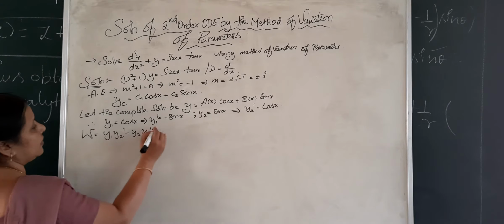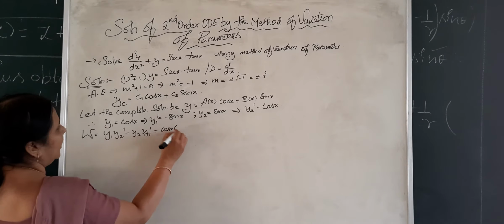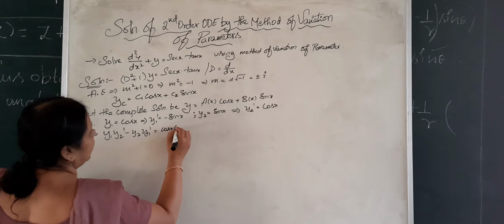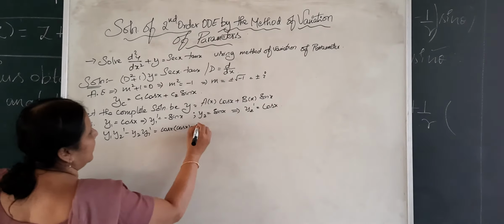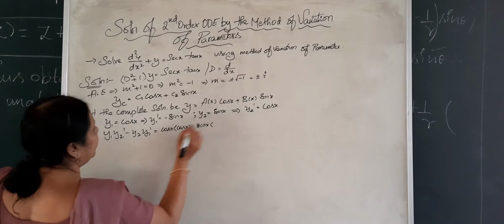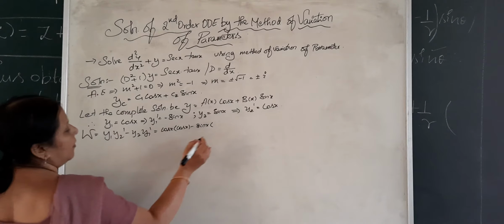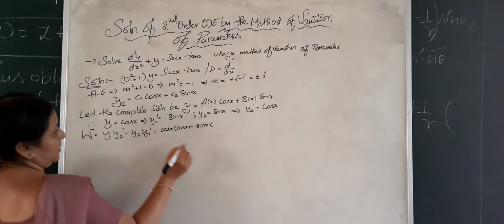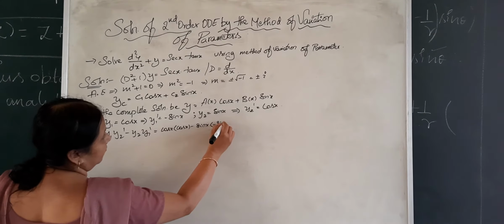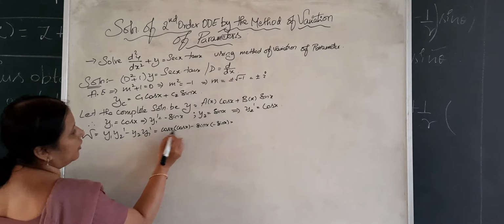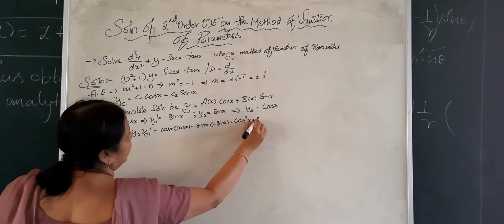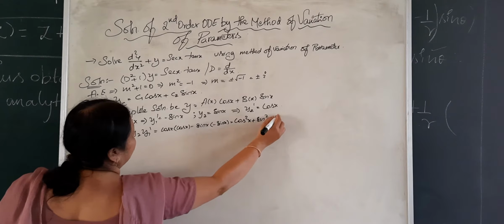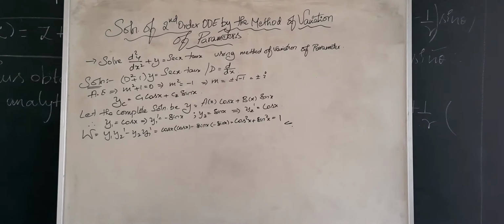Substitute the values. y1 is cos x, y2 dash is cos x again, minus y2 which is sin x into y1 dash which is minus sin x. So when you multiply you get cos square x minus of minus is plus sin square x, that is equal to 1. So in this case our Wronskian is 1.